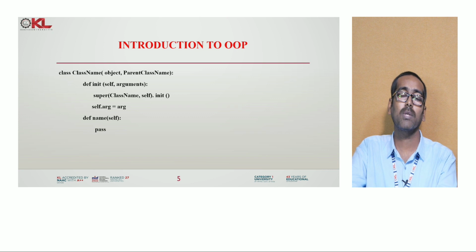The first letter must be uppercase, and if there is another word, that should also start with uppercase. Then it can take a parent class name inside the parenthesis for inheritance, and then a colon. Python supports indentation. What is indentation? A tab space for grouping.